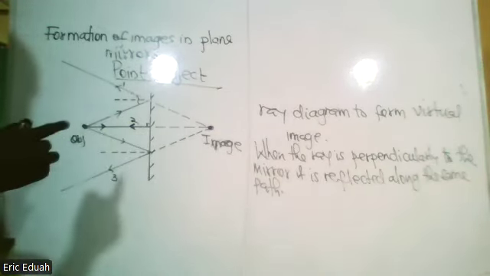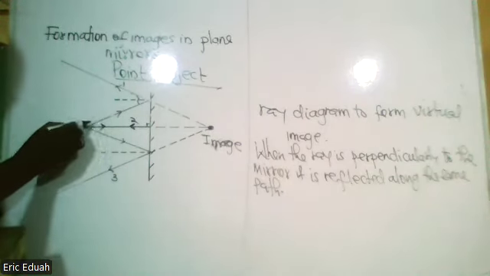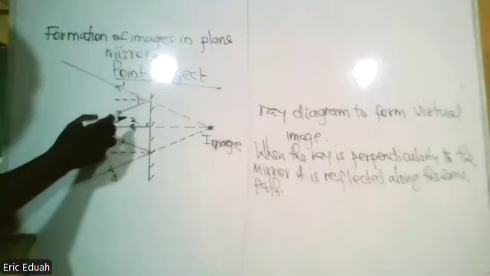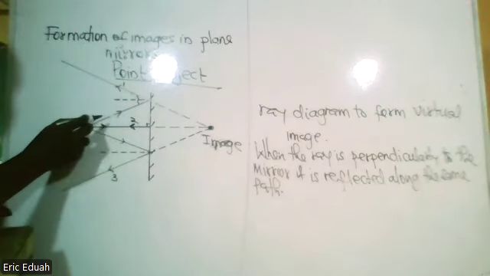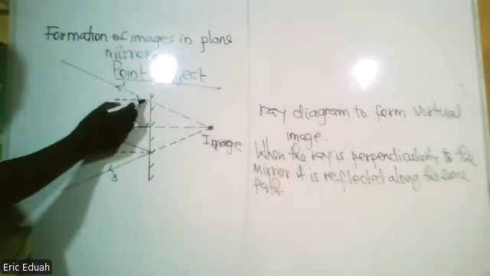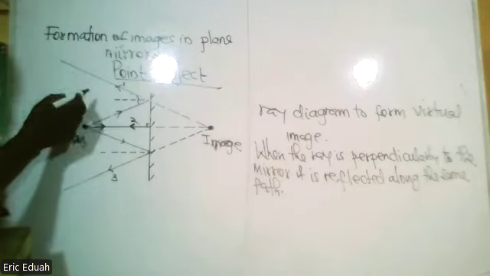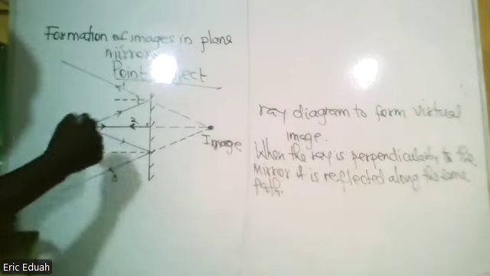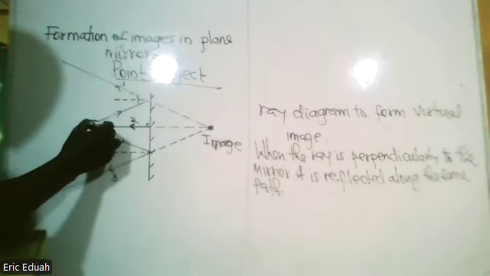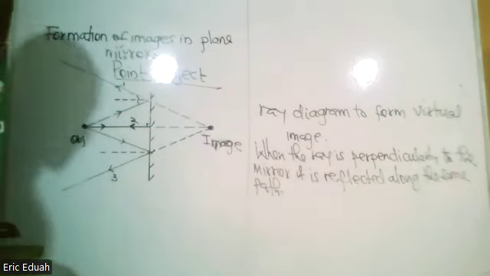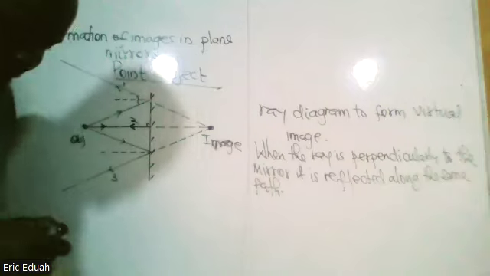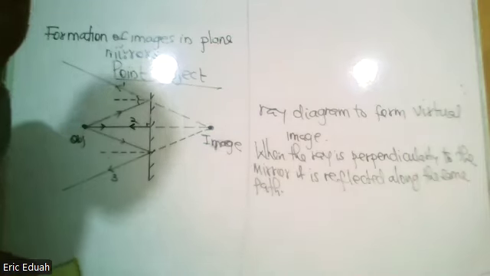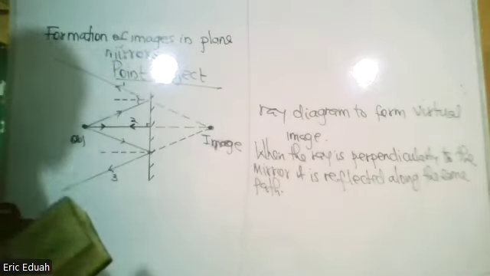In the second rule, look at the incident ray and then the reflected ray. They are on different paths. This is going here, this is going here. But for the first rule, they are all along the same path. It's like if it were two people, they would definitely clash. But in this case, there's no way they will clash.